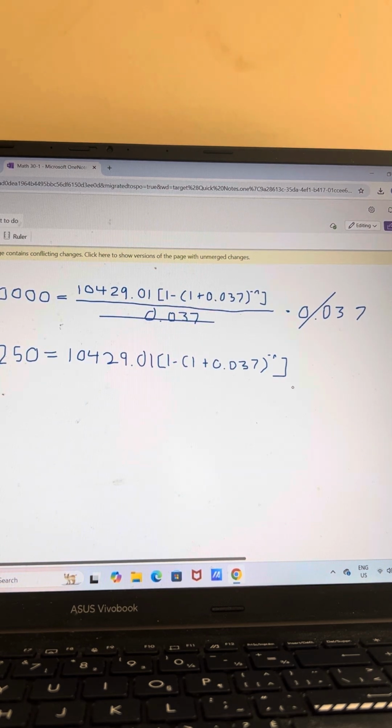So now that we have this, we can divide both sides by 10,429.01.